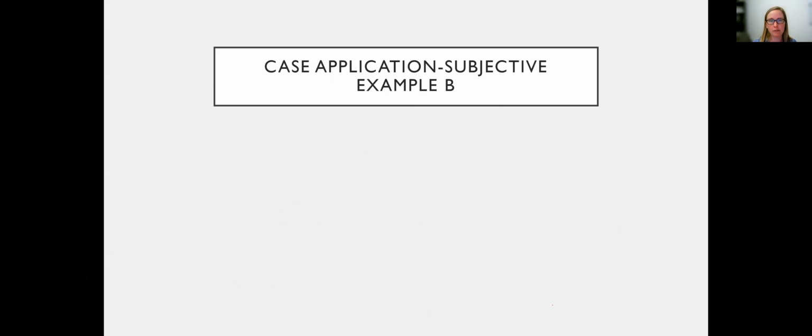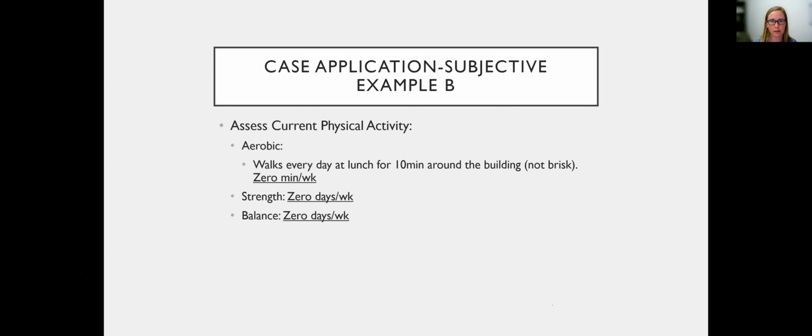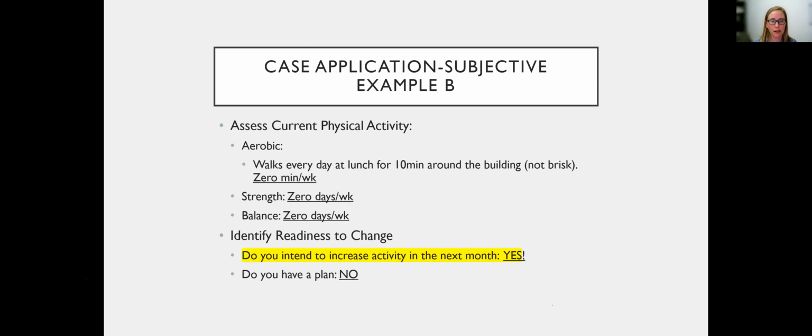So then if we take the same patient and we're just going to give a different example. He gives us the same information about his physical activity, but when we ask him if he's ready to change, he says, yes, in the next month, I'm ready.